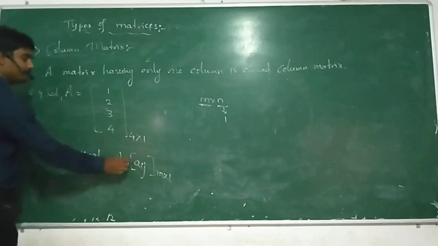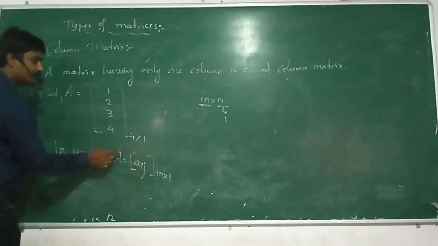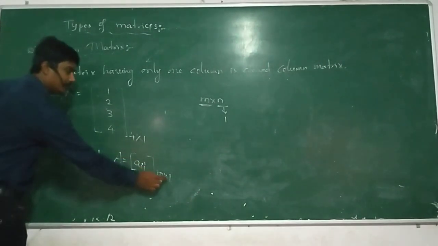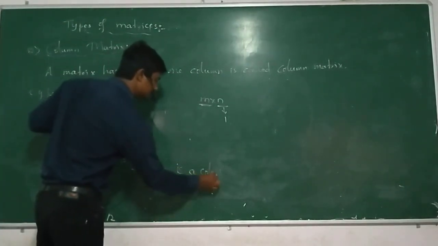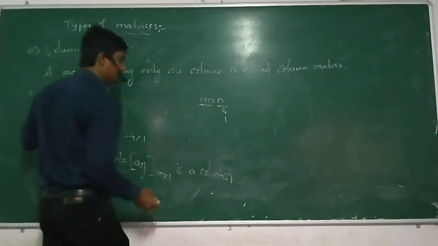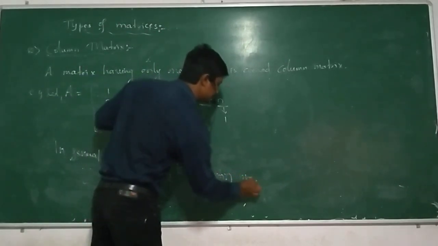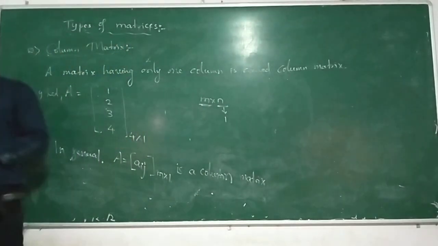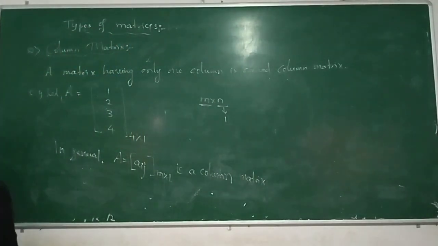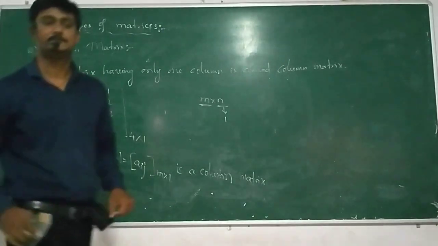A is a matrix which contains elements aij and the order of the matrix is m by 1, is a column matrix. This is the second type of matrix we have in our syllabus.